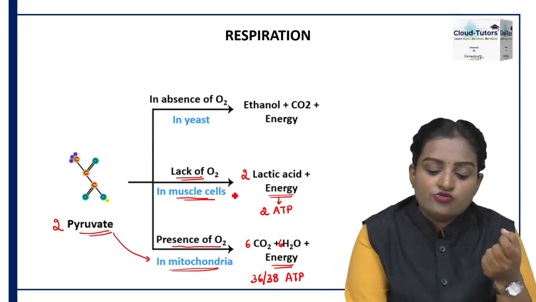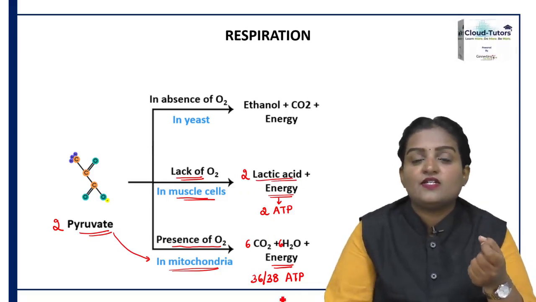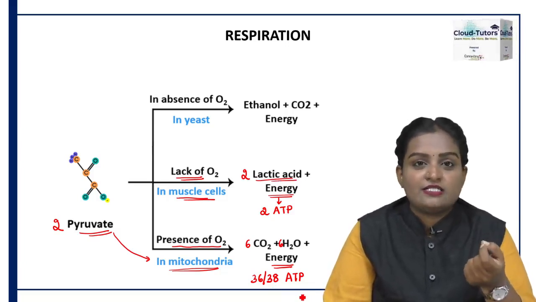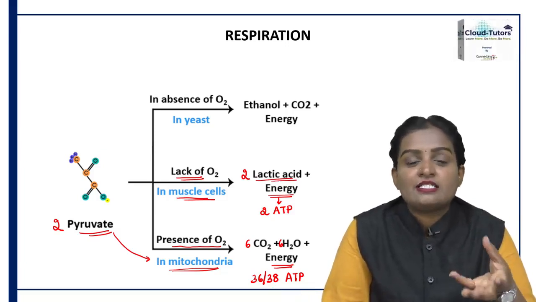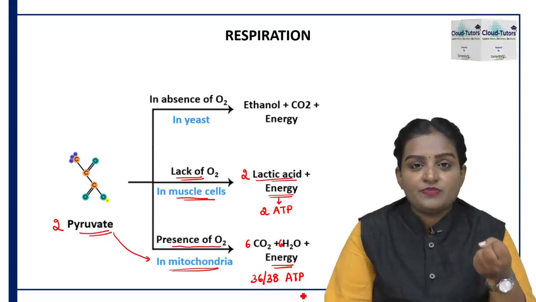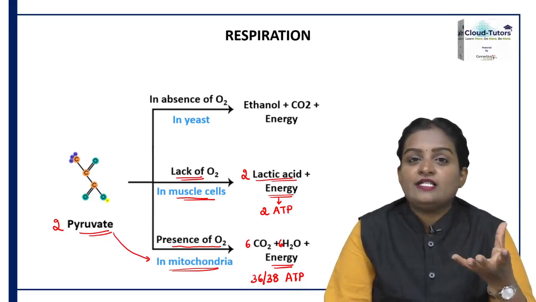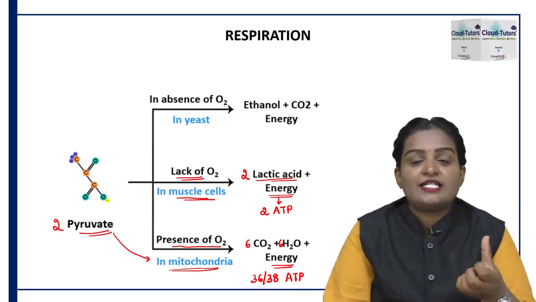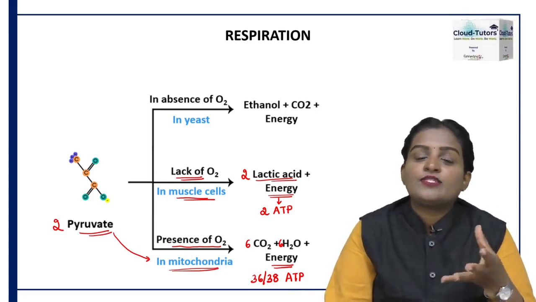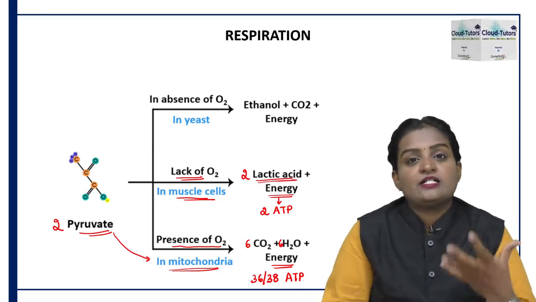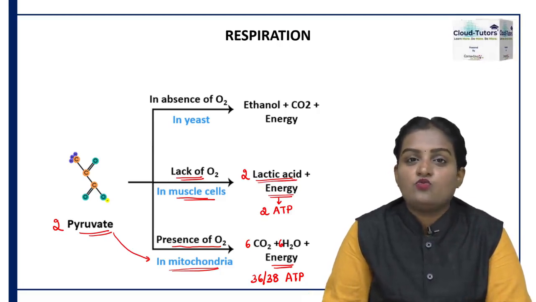That is, due to accumulation of this lactic acid in muscle cell, we can have fatigue in the muscle cell, or we can call it muscle catch. So when lactic acid is accumulated, that is when we get pain in our muscle cells. Once you supply oxygen to the muscle cell, the lactic acid can be converted to carbon dioxide and water.